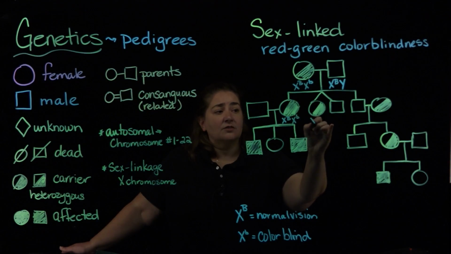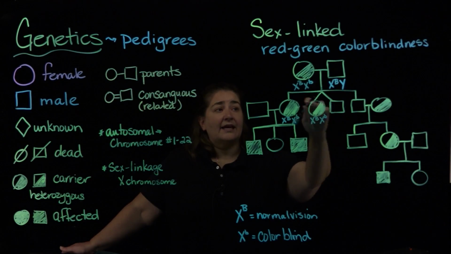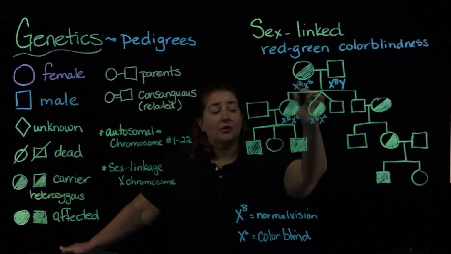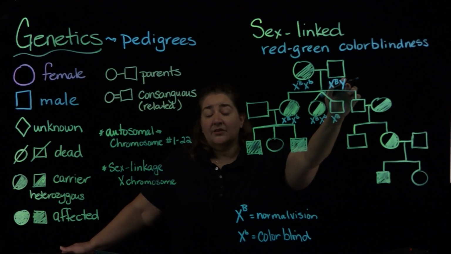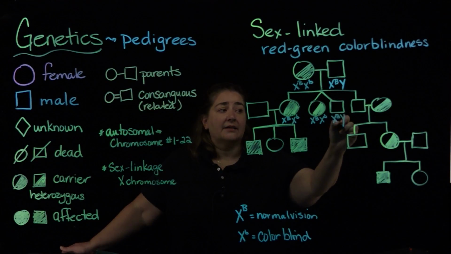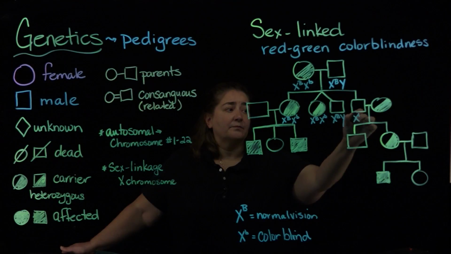That's true also of this daughter. This son had to have inherited the normal X chromosome from his mom because he got the Y chromosome from his dad. That's true also for this male.